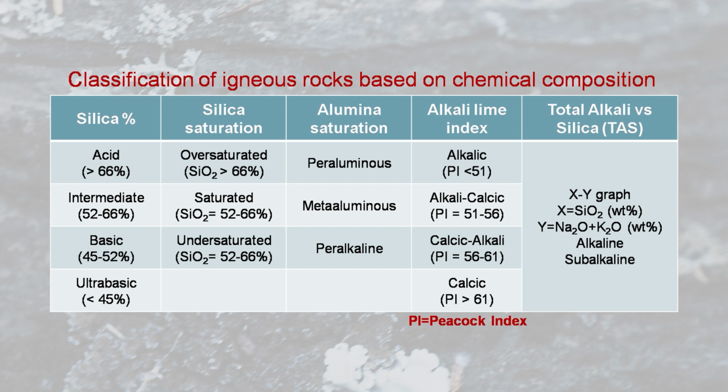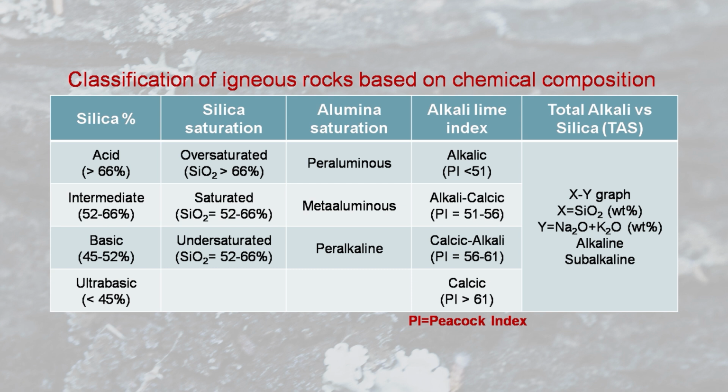Likewise, we have alkali lime index, which is based on the Peacock index, which is the intersection of two curves, that is the curve showing increase in the alkalis with increasing SiO2, and the one where we show a depletion in calcium oxide with increase in silicon dioxide.